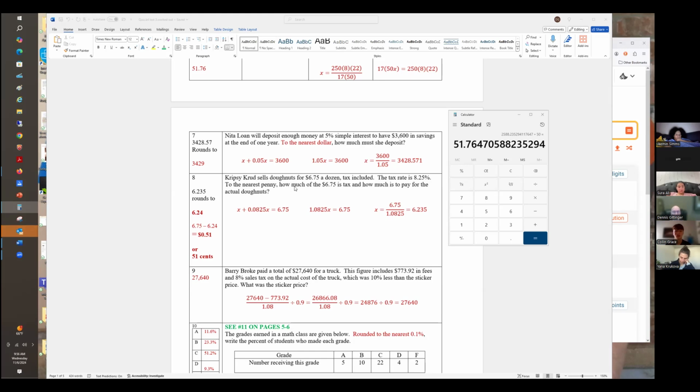Okay, well, what was the price before tax? We don't know. That's what the question is. But whatever it was, if we add 8.25% of it to it, so it is X and 0.0825X, that's understood to be 1X, and 1 plus 0.0825 is 1.0825.